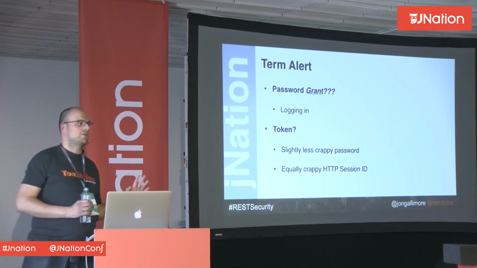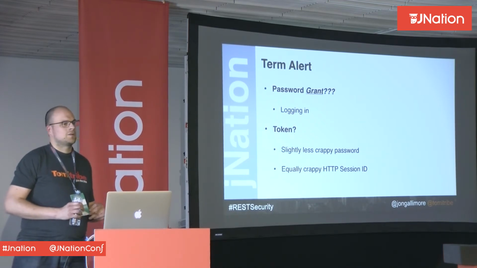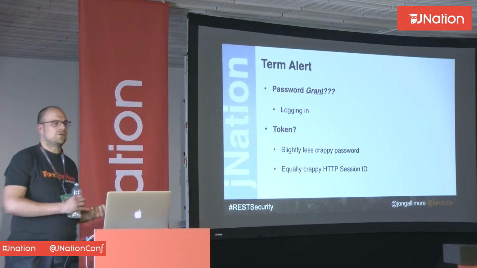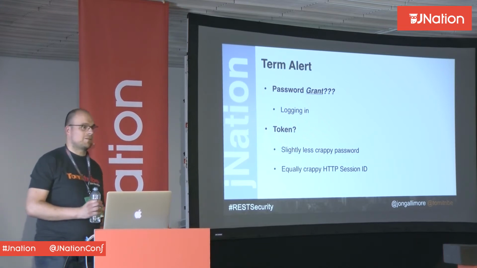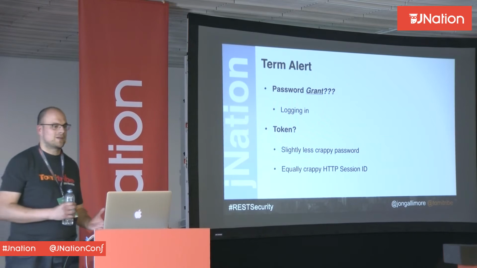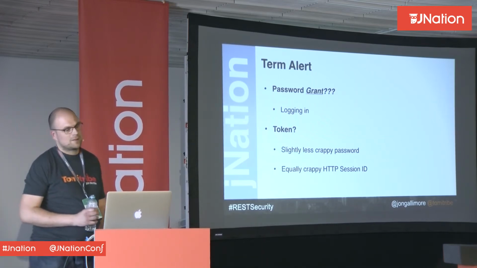Maybe those of you who aren't doing OAuth 2 already. To me, we're passing through a URL encoded username and password and getting something back. So it looks very much like a regular login screen that we've all been creating for years, but it's just got a new name. Okay.